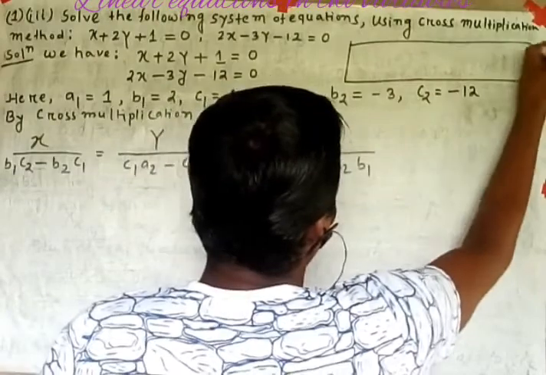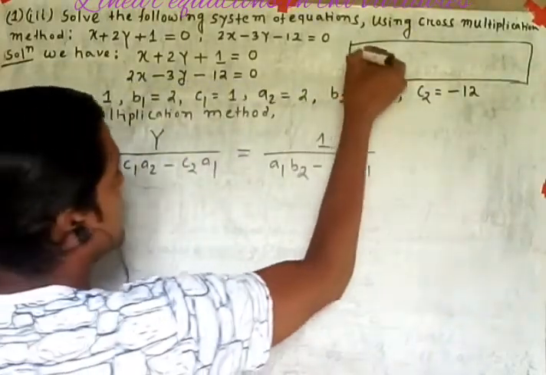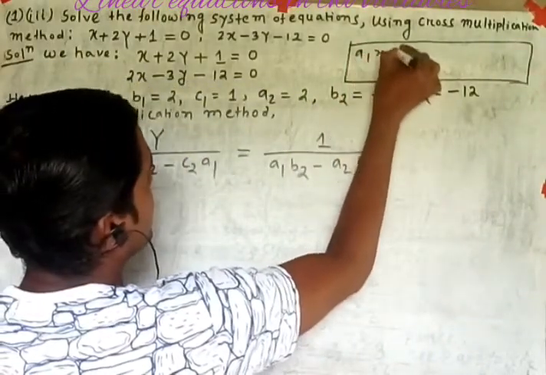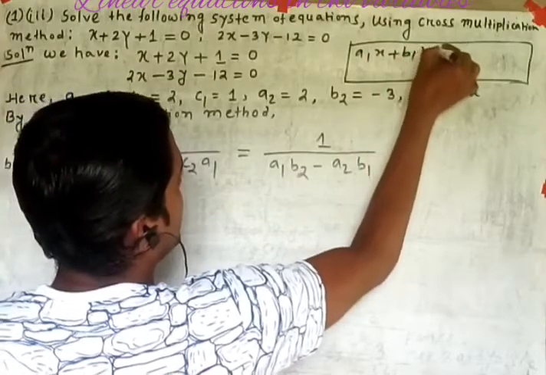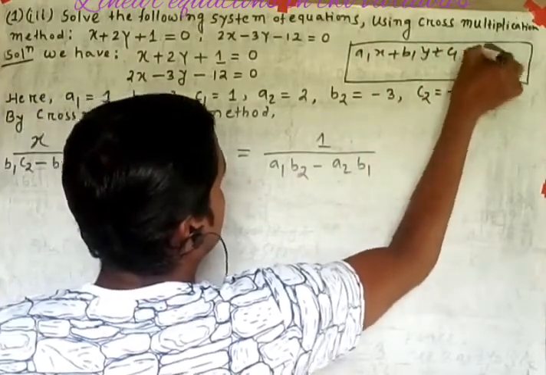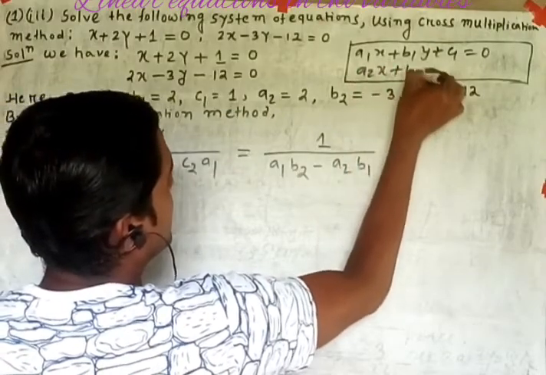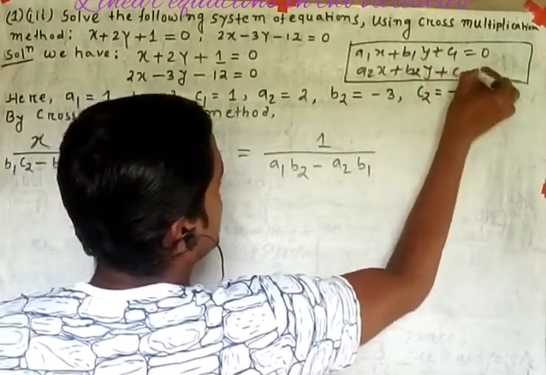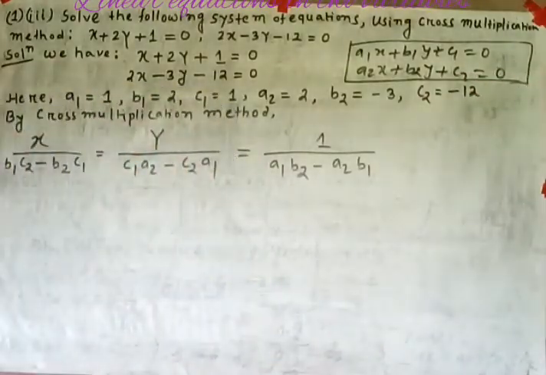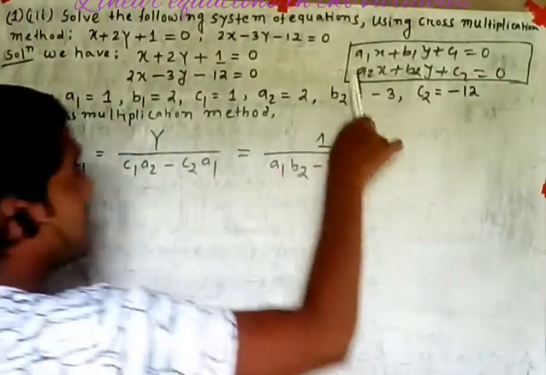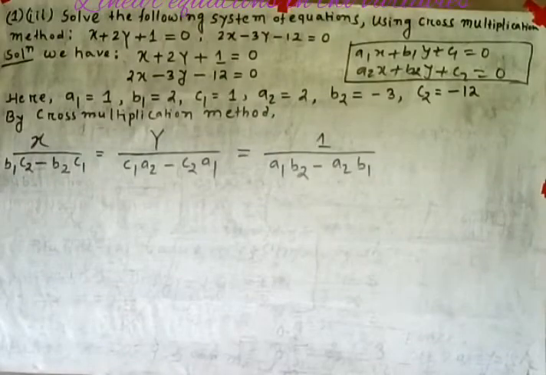We have to compare these two: a1x plus b1y plus c1 equal to 0, a2x plus b2y plus c2 equal to 0. With these two equations we have to compare.